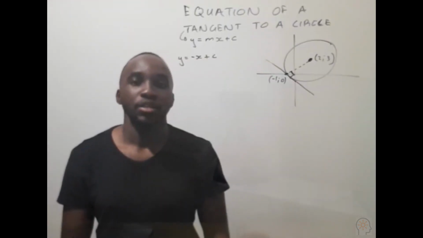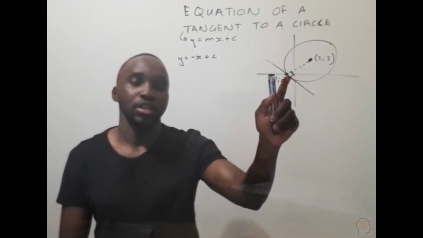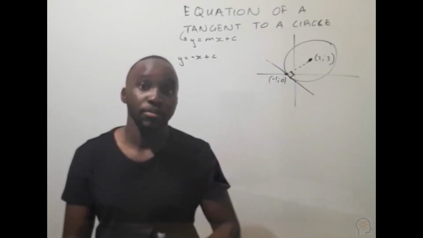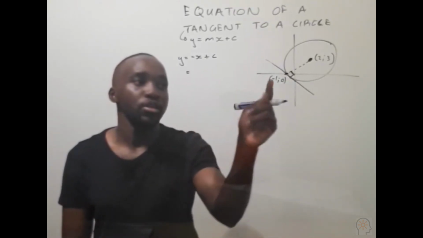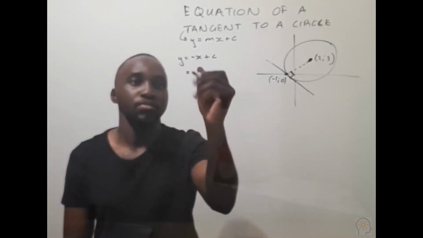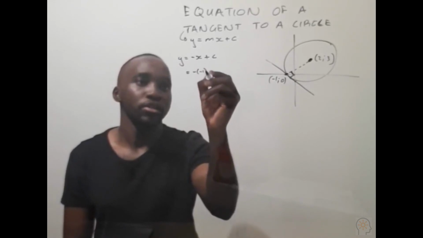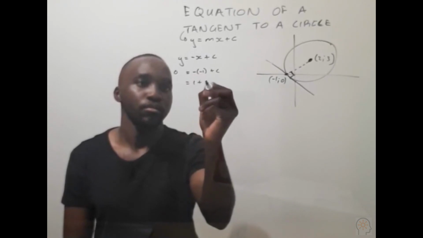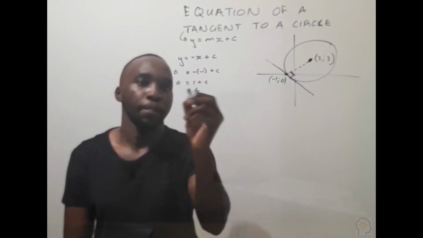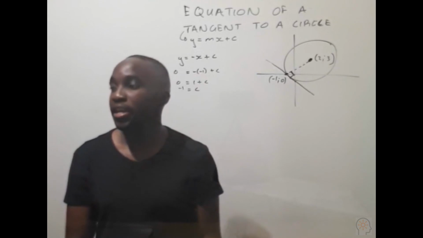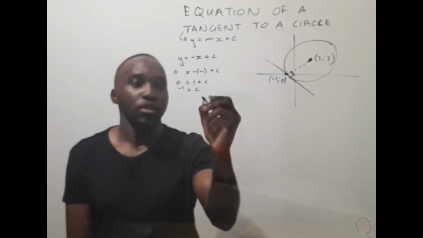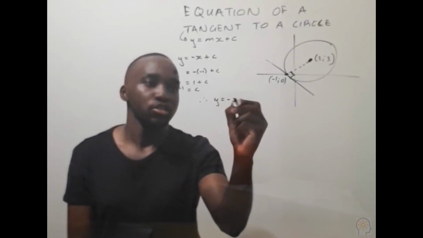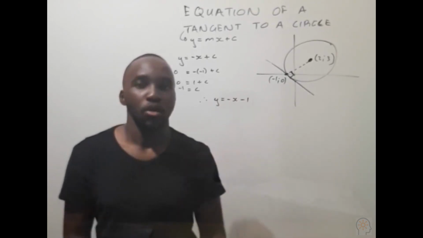So to get our y-intercept, luckily we have a coordinate that our straight line passes through. So if we sub in our coordinates into our current equation, this is what we have. Our y-intercept is -1. This is telling us that our equation of our tangent is just y = -x - 1.